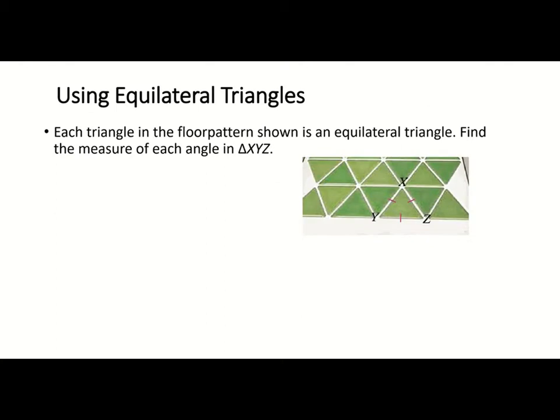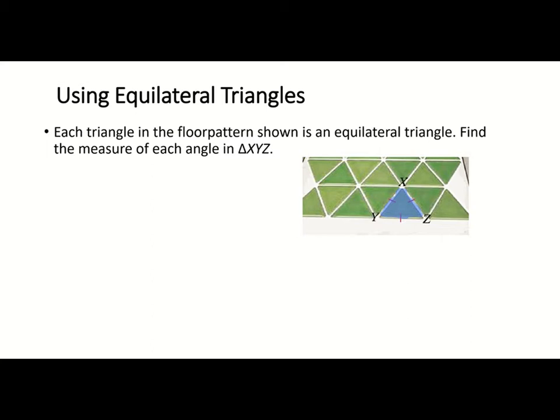All right, so here we have a floor plan or floor pattern that's shown, and it's an equilateral triangle. So they want us to find the measure of each angle in our equilateral triangle. Now, if you have an equilateral triangle, we do know that all 3 angles in an equilateral triangle are always equal.